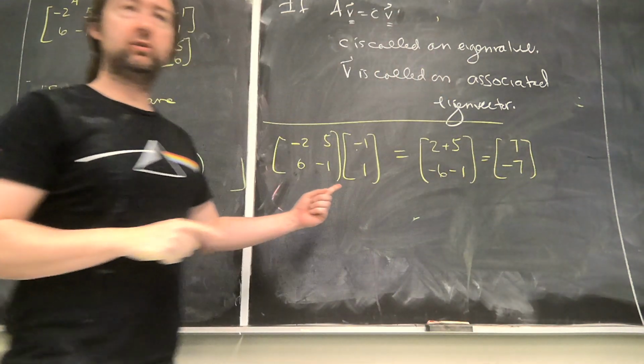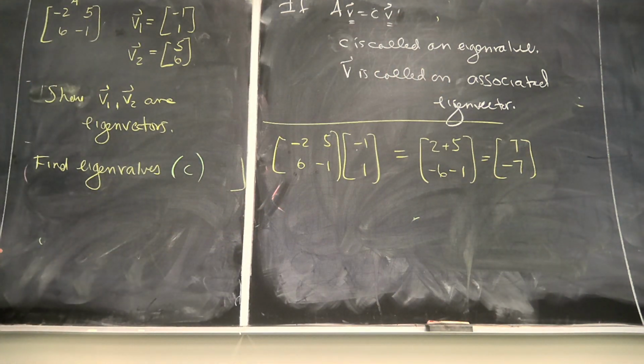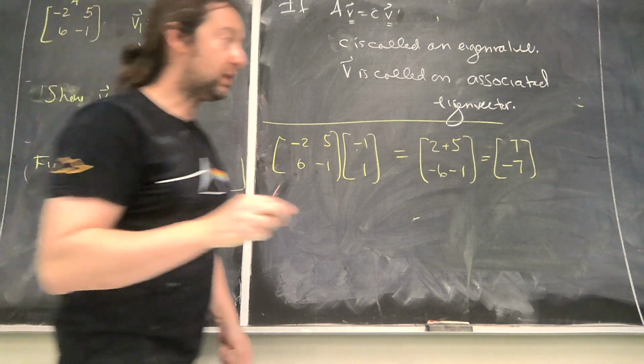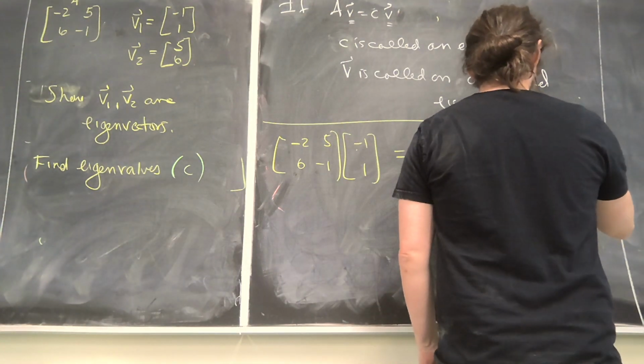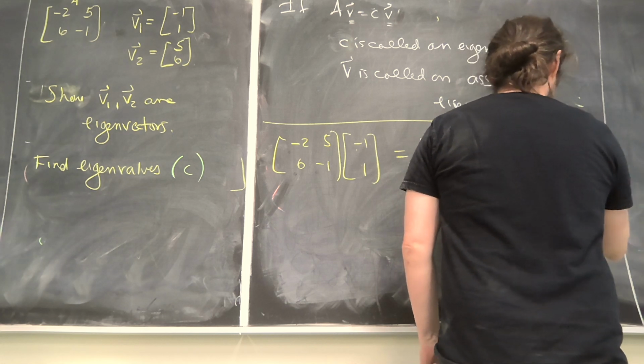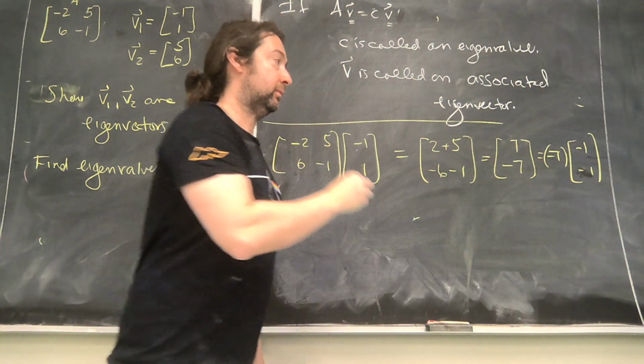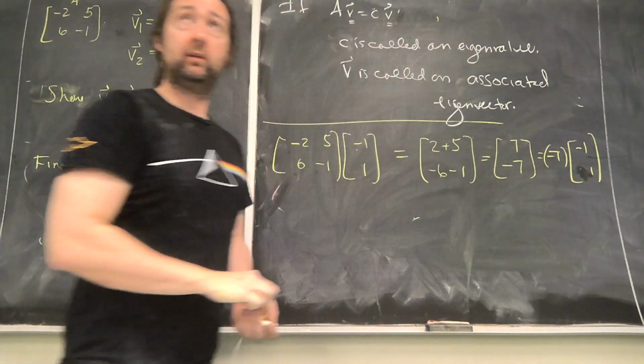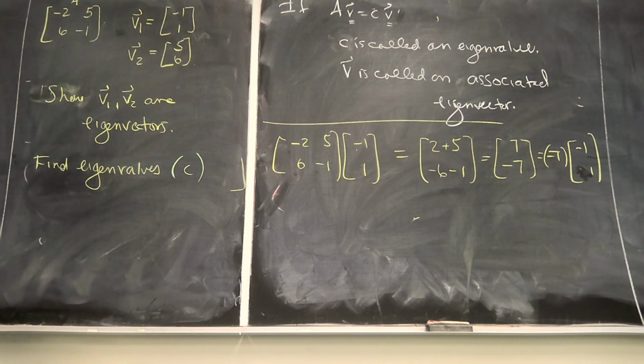Now that is not the original vector, but it is -7 times the original vector. So it's not the original vector, but it's a scaling of the original vector.